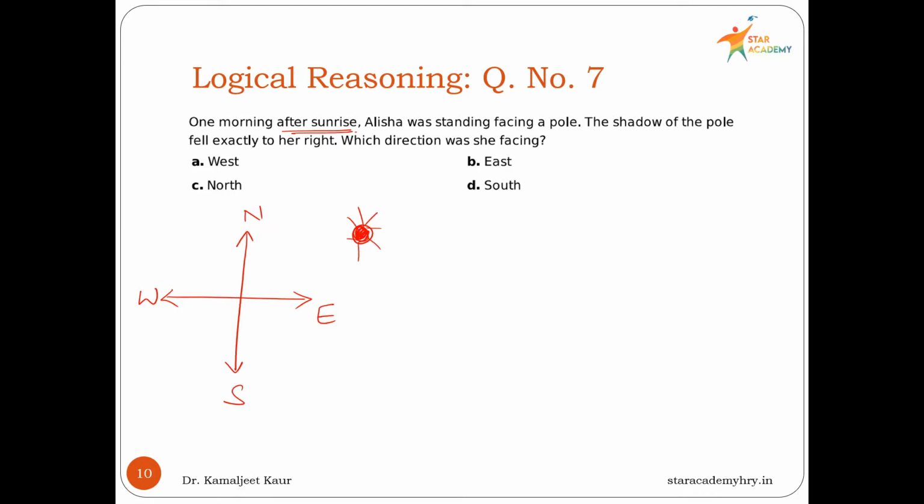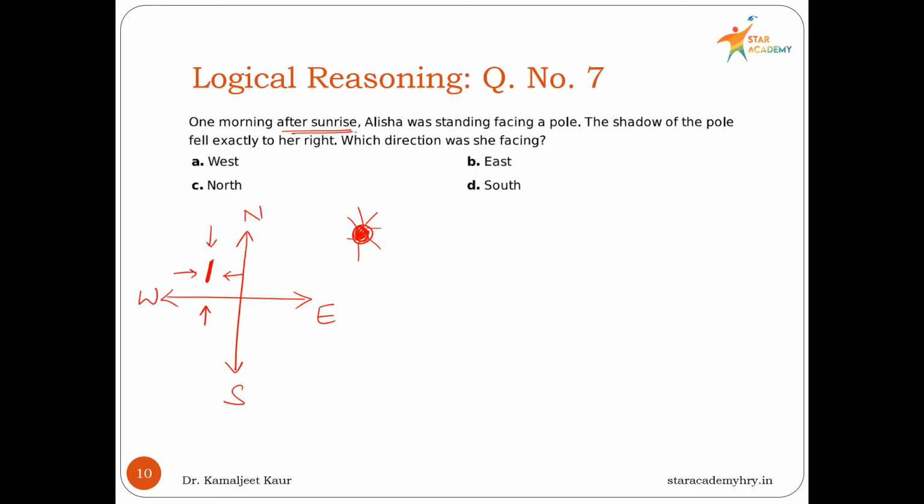Alicia is standing facing a pole. So the pole may be anywhere. Alicia is standing facing towards the pole. That means if I assume that here I have a pole, Alicia may be standing like this, or like this, or like this, or like this.